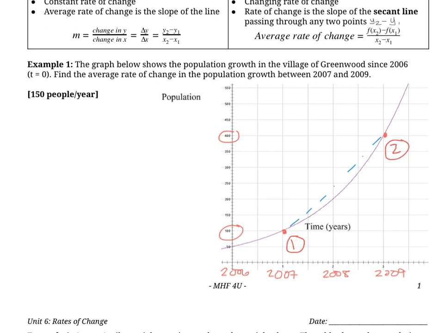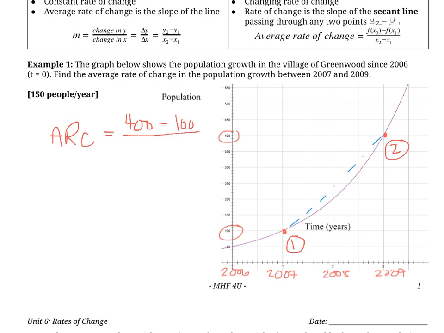So the average rate of change, ARC in other words, is going to be our f at x2, right? So our population in 2009 is going to be 400, right? And then we're going to subtract from that what the function is equal to at point 1 in 2007, which is 100.